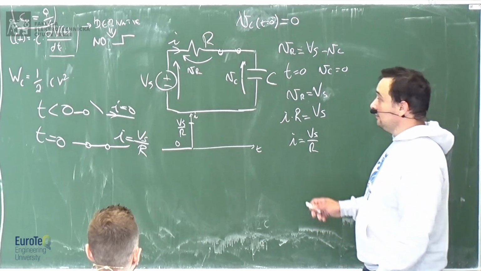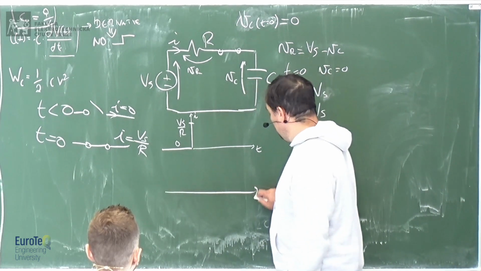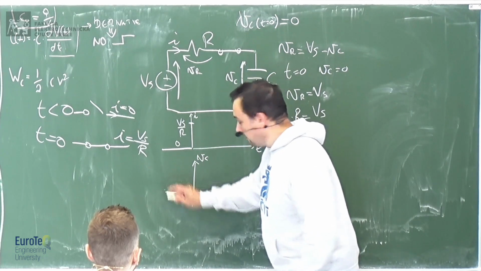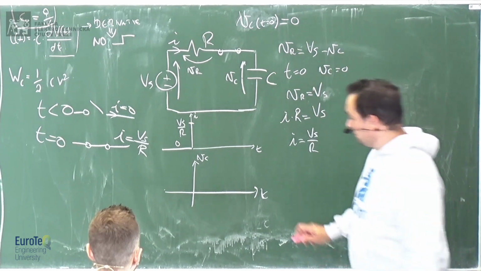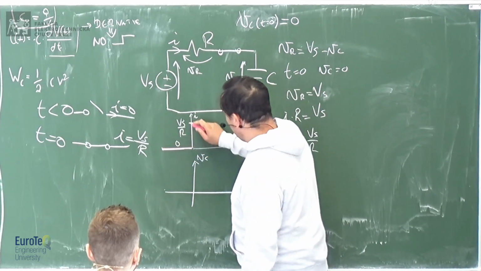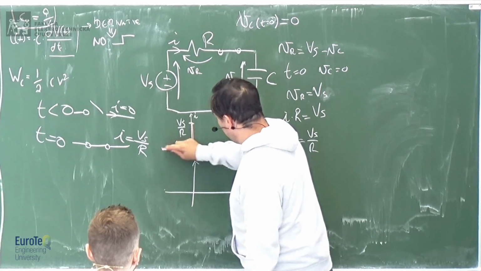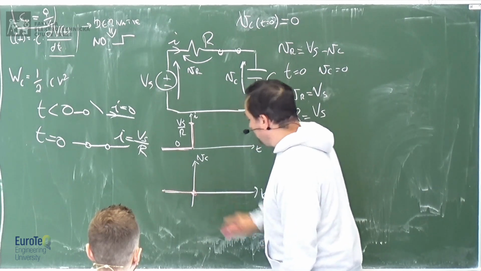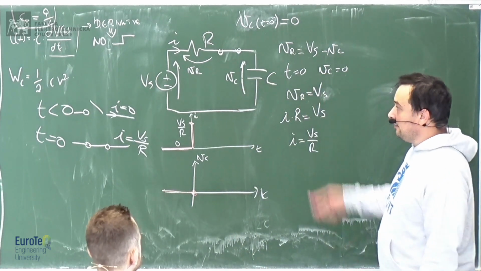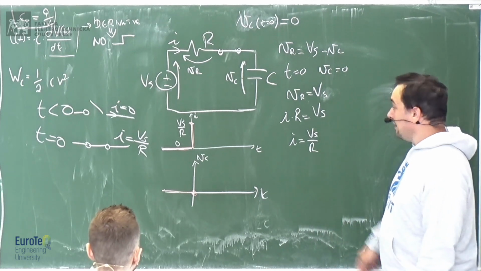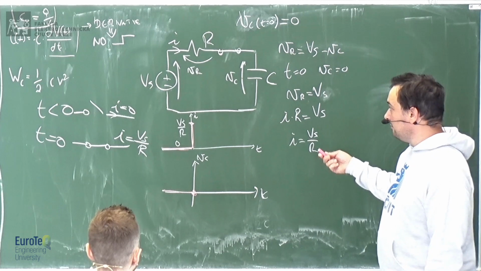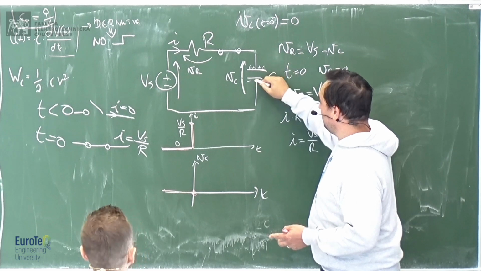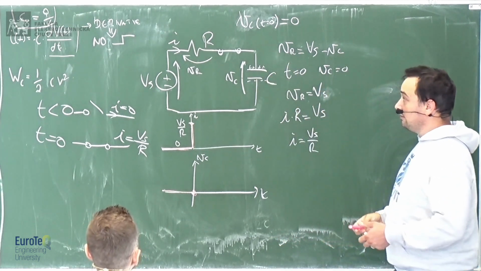The voltage of the capacitor was 0, and it keeps being 0, because it cannot change instantaneously. Then the current starts circulating. It will create some charge here, which means that the voltage is going to increase.